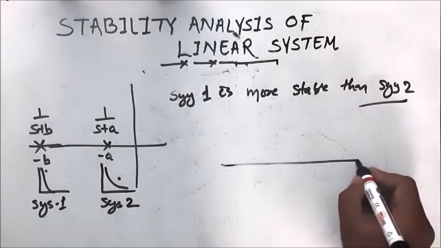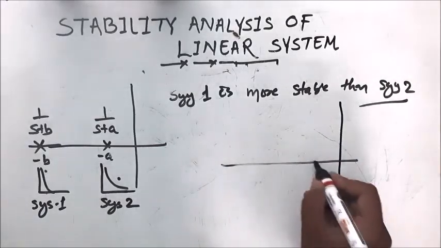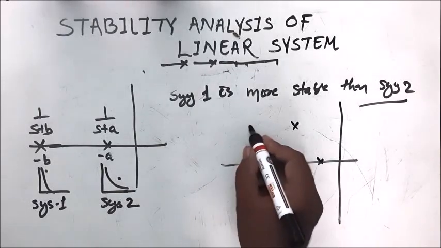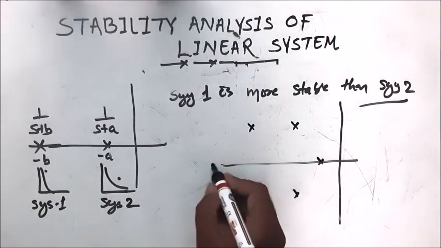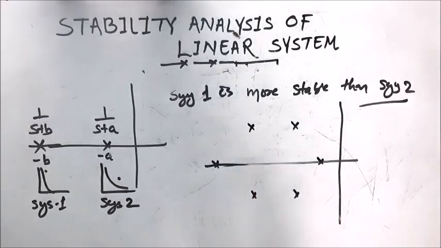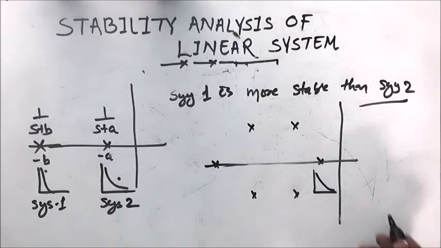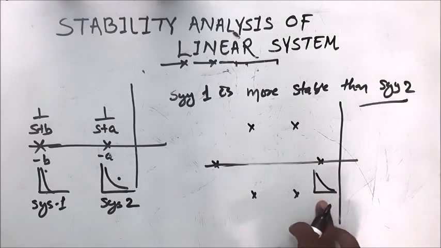Let us consider a diagram like this. I have one pole here, one complex pole over here, another complex pole over here, and another real pole over here. The response of this has more settling time.